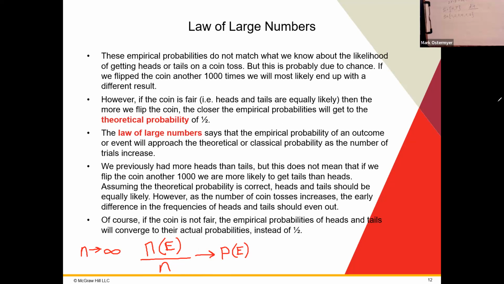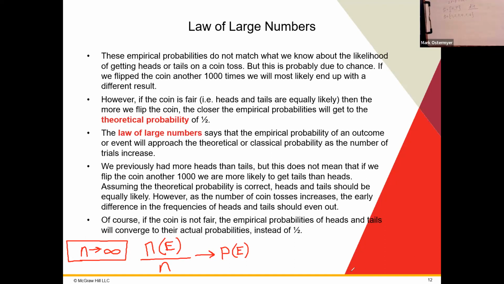So relative frequencies of occurrence of an event actually approach the true probability of that event occurring as the number of trials approaches infinity, or a very large number of trials of an experiment.